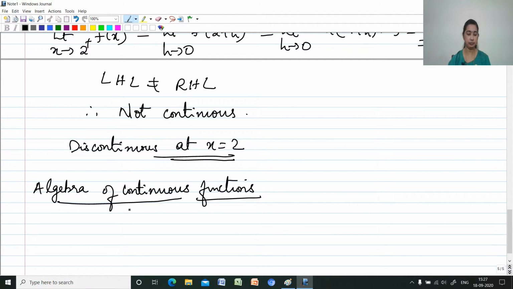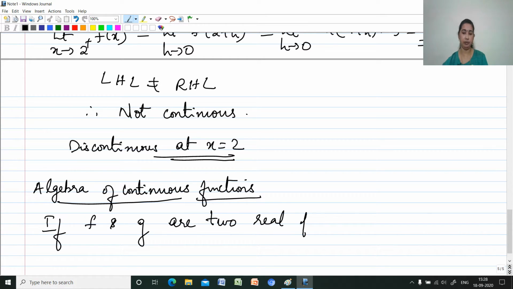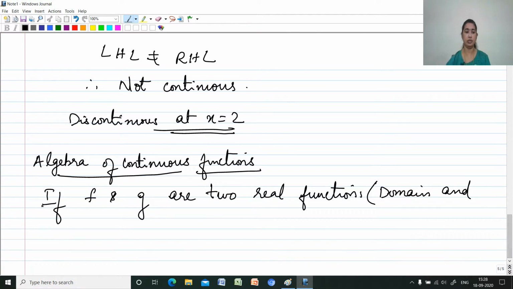So if f and g are two real functions. What do you mean by real functions? It means its domain and range are real numbers. So that's the meaning of real function. Domain and range are real numbers.